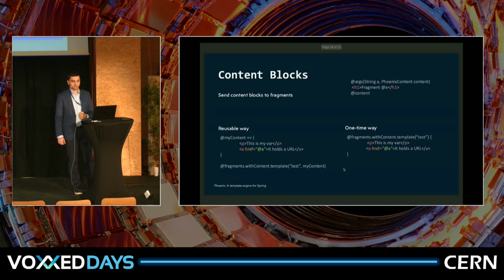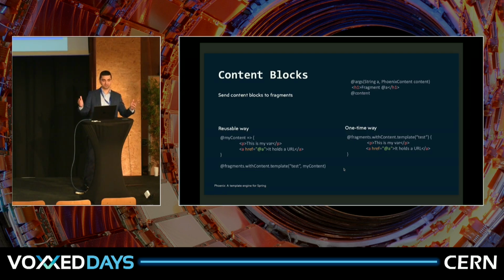What other advantage does this have? Well, as I mentioned earlier, you can send any content block directly to another template. This way, it is very easy to have templates that accept additional HTML. For example, you have a header template that in some pages will require additional HTML or additional imports.